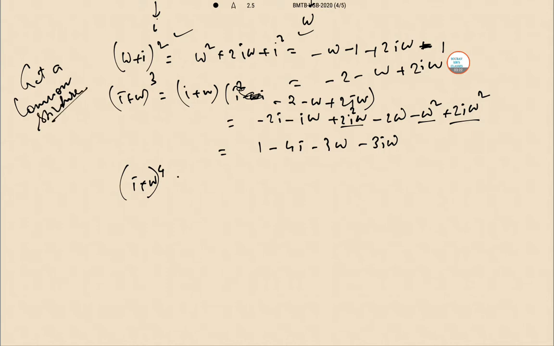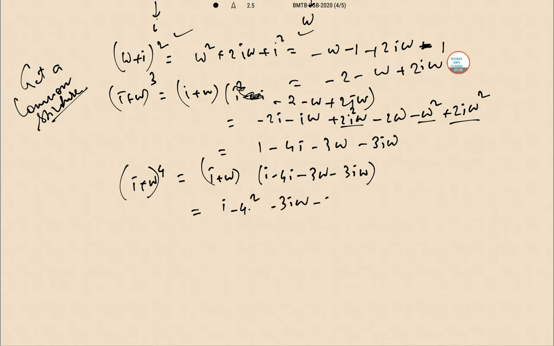So this is also i plus omega, minus 4i minus 3 omega, by binomial structure. So i, 4i square, 3i omega, 3i square omega, omega, 4i omega, and minus 3 omega square, minus 3i omega square.